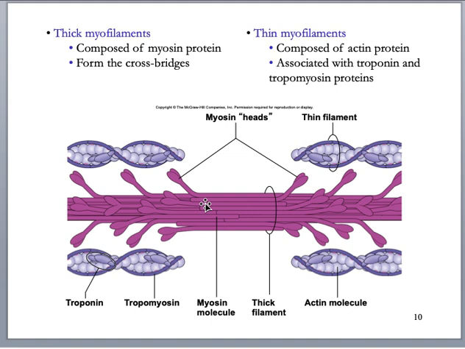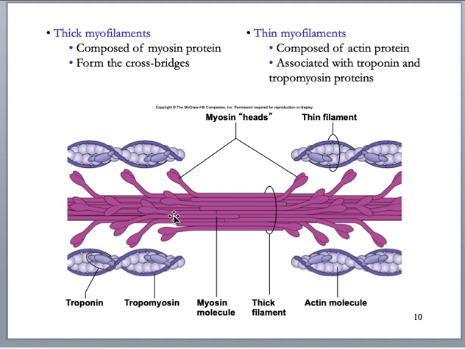Each one of these proteins is very filamentous, so rod-shaped, and they have globular heads that come off above and below. These are called myosin heads. So that's myosin, made up of myosin protein.